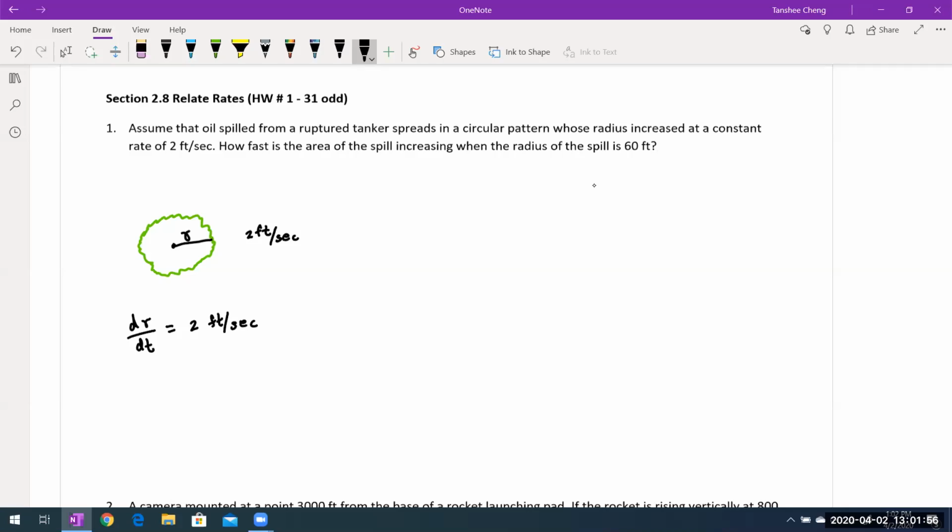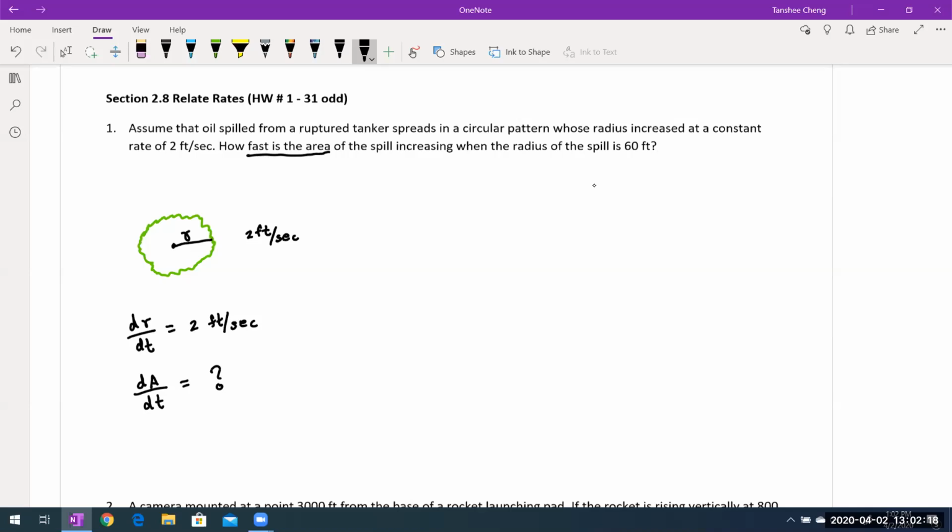Now, what we want to find out is how fast the area is changing. Another way of saying this is the derivative of the area with respect to time. So what is the rate of change in area with respect to time? How fast is that increasing? That's what we want to know.